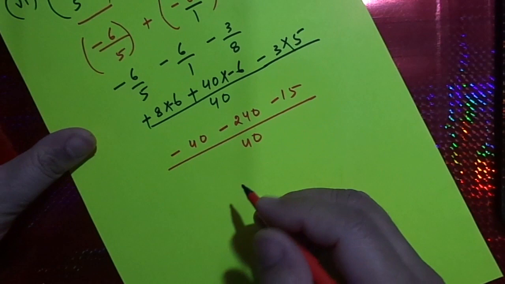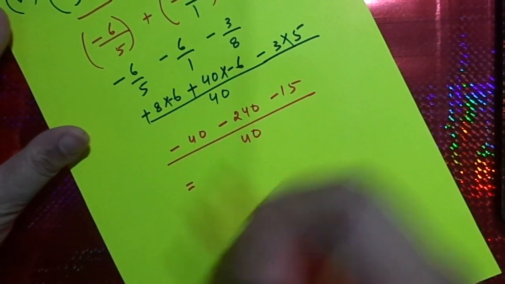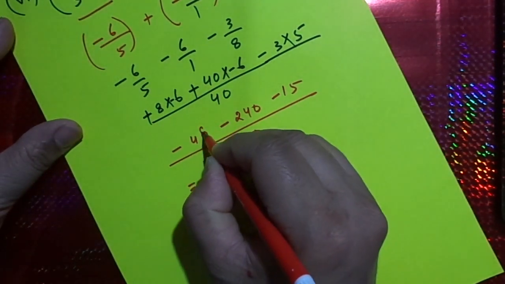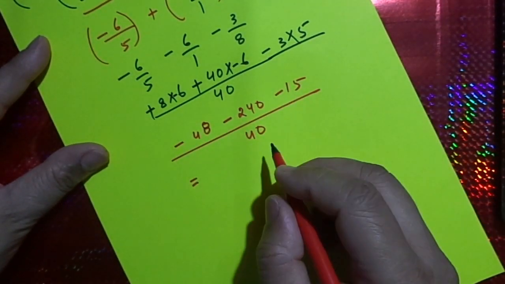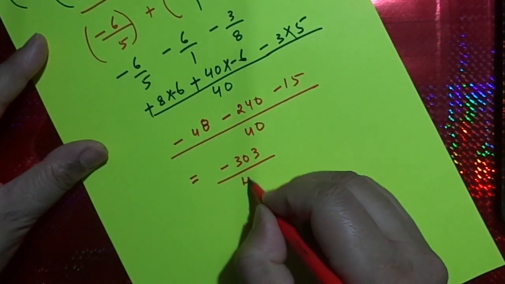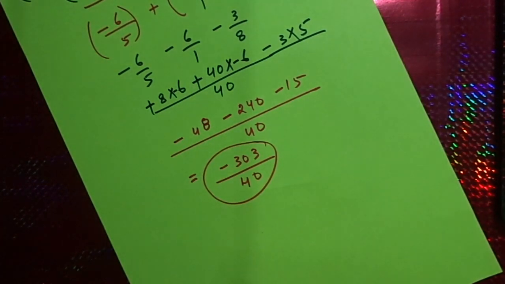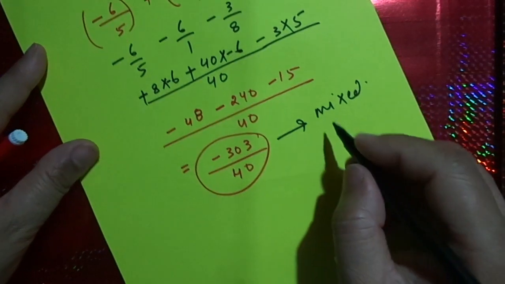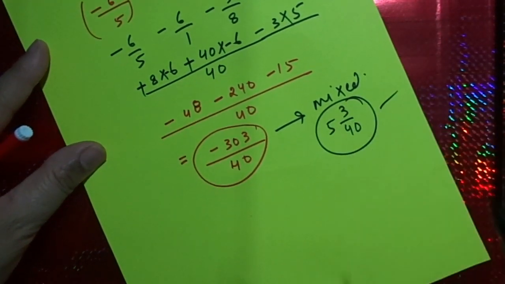Here we have all of them with the same sign, so when I add all of them I'll get minus 303 over 40. You can leave the number as it is, or it's better you change it into a mixed fraction. 7 3 by 40 with minus sign is your final solution.